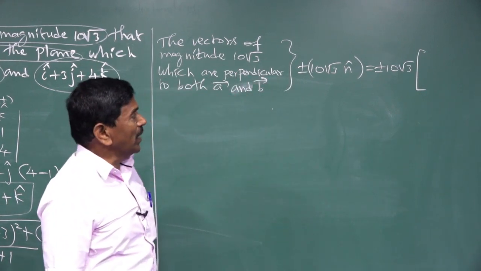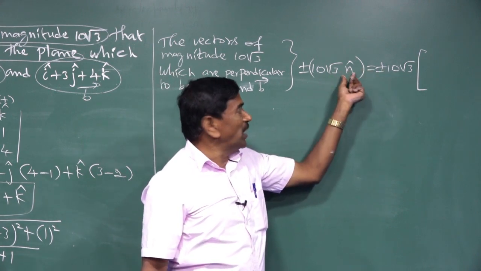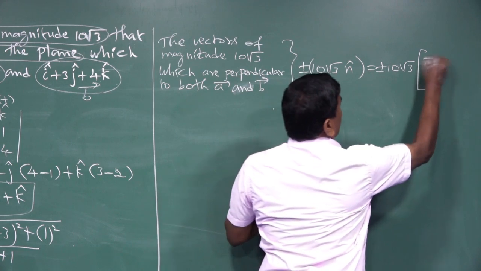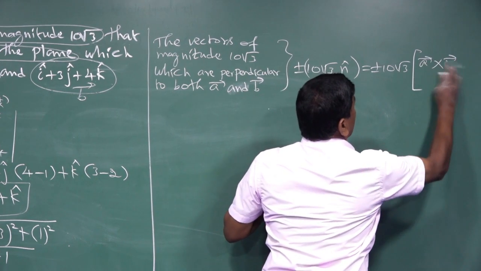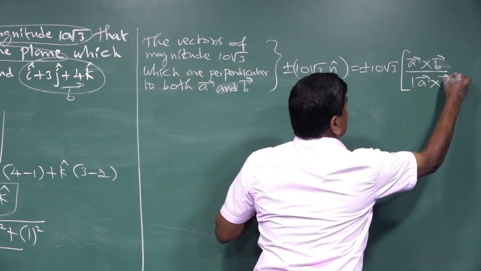Here plus or minus 10 root 3 is fixed. What is n cap? n cap is equal to a vector cross b vector divided by modulus a vector cross b vector. That's all.